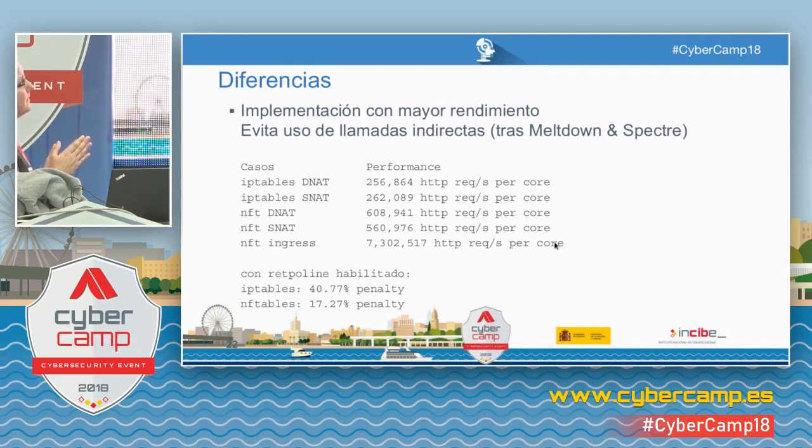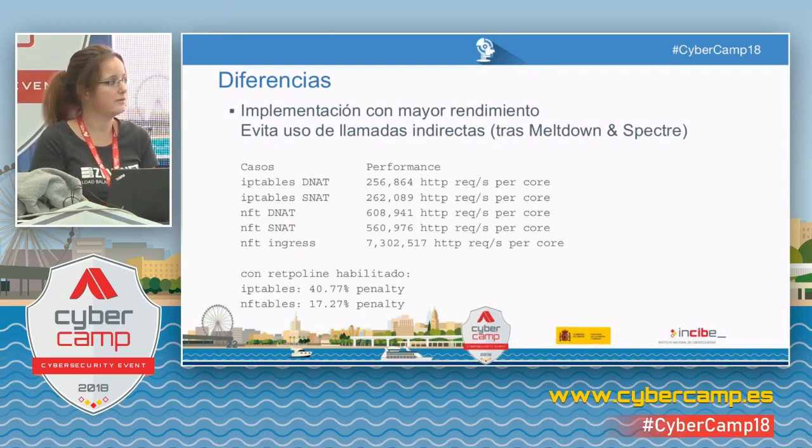We should not forget that there's a before and an after when we talk about CPU vulnerabilities with Meltdown and Spectre. And the Linux community has paid attention to that. It has an impact on processors and systems inside the kernel.